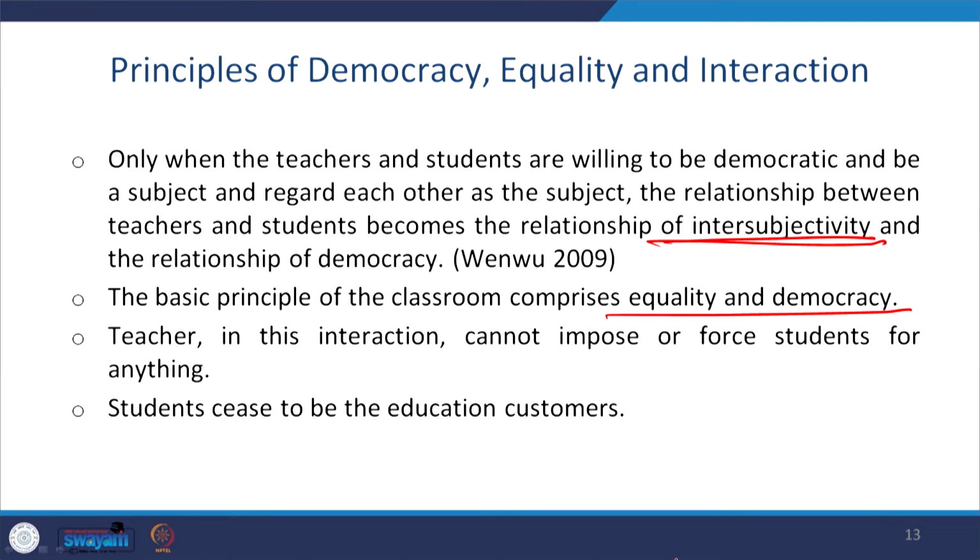In this principle, the teacher cannot impose his or her views, rather the teacher will allow the students also to provide their views. Students cease to be the education customers, which earlier was the rule. Now, in inter-subjectivity both of them have to play their part, and we play it very democratically.